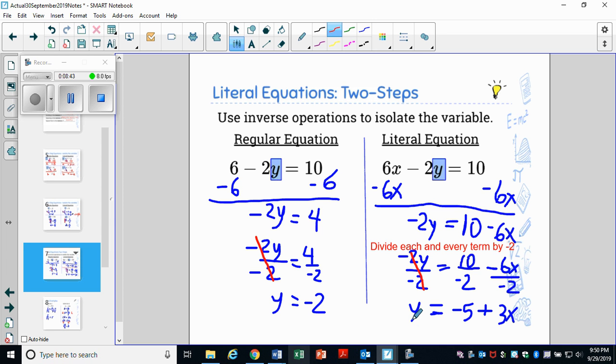So you're left with +y equals, now we simplify. 10 divided by -2 is -5. And then -6, remember it was a -6 here, divided by -2. In the end, these negatives both become positive, and the result is 6 divided by 2 is 3, and the x just comes on down for the ride.